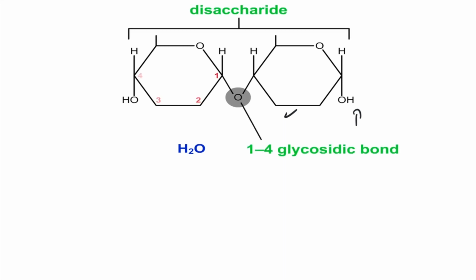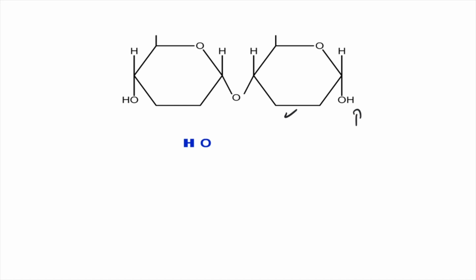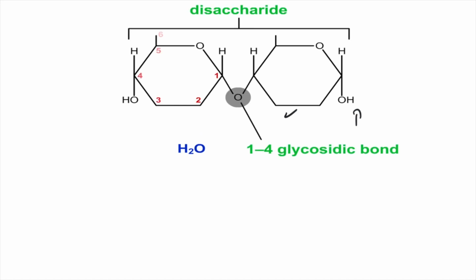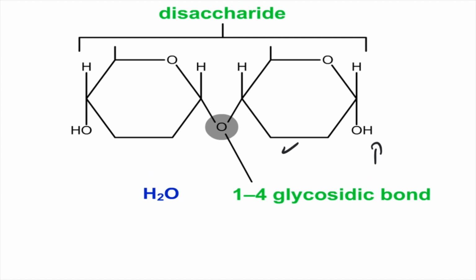Now, we're going to have to give a name to this bond. We call it glycosidic bond, but we have to indicate the position of the bond. So as we've seen earlier, we number the carbon, starts from here, 2, 3, 4, 5, 6.